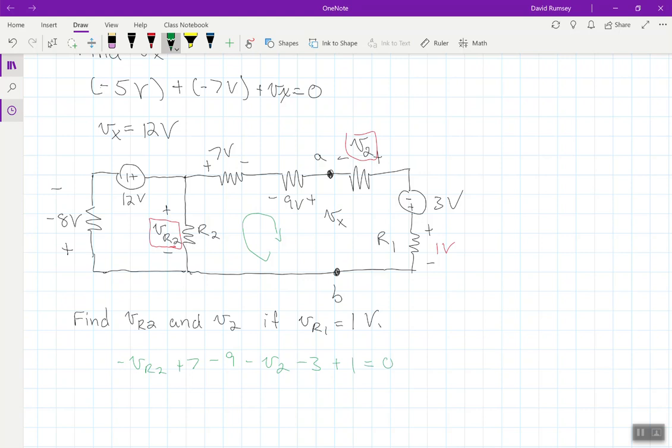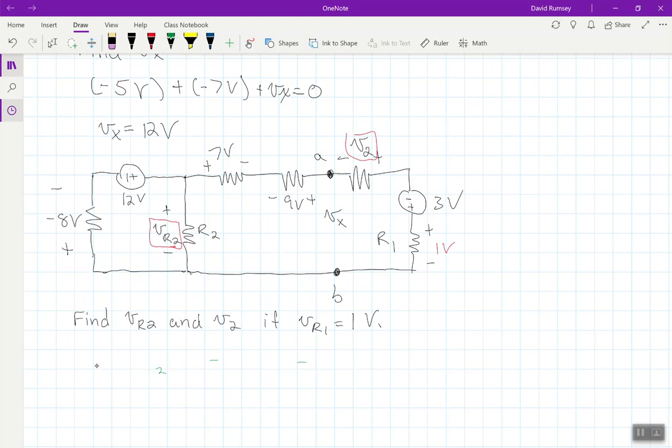The issue is that we now have an equation with two variables in it, so we don't know two things, and we can't simply solve this. When we get to some of the more advanced circuit analysis techniques, we're going to wind up in that situation all the time. But it would mean I'd have to find another loop to write an equation down. The reality is it's not necessary to use this particular loop.